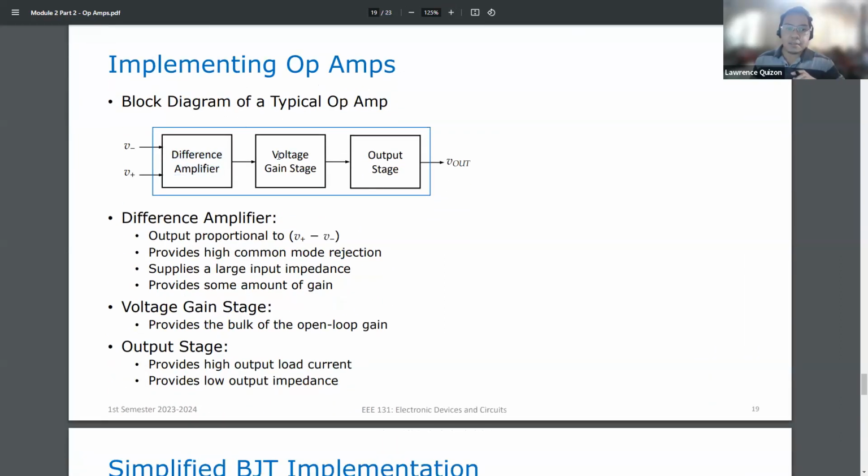So meron kang difference amplifier, voltage gain, and output stage. And essentially, what happens here is that the output stage, siya yung nagpapababa ng R out natin. Yung voltage gain stage, siya yung nagpapataas ng gain. And yung difference amplifier, siya lang yung dahilan kung bakit dalawa yung input natin. It's the reason kung bakit pwede tayo magkaroon ng feedback amplifier.